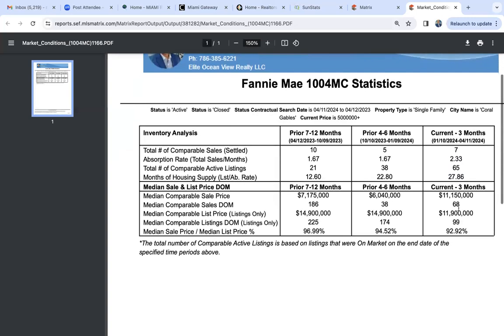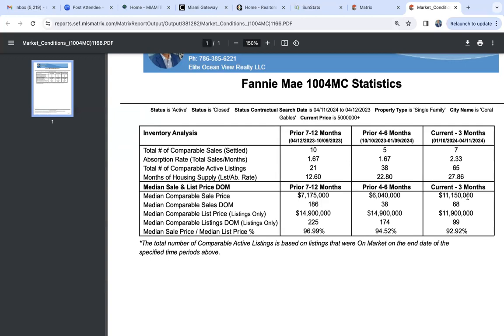Now take a look down here. The price has increased to $11,150,000 from $6 million. So apparently there's been a lot of activity right now in the ultra luxury market in Coral Gables. And these are sales prices, median sales prices.